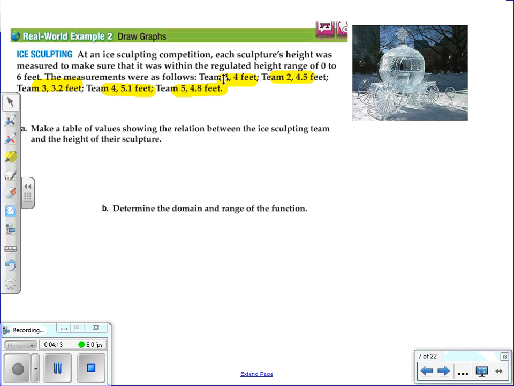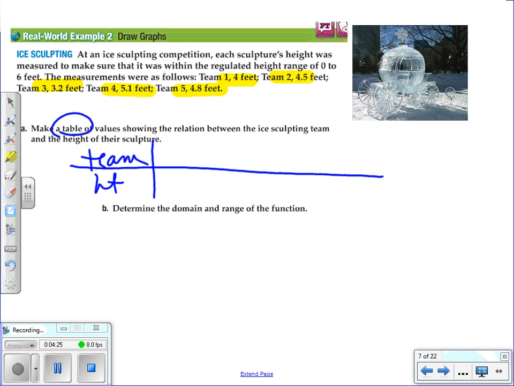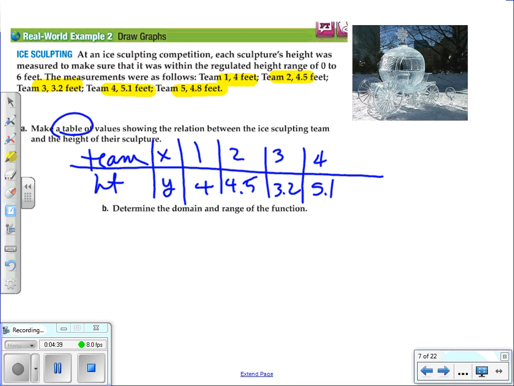So the first thing you're going to do is make a table showing these relations. So we have the team and we have the height. We can consider that x and that y. So team 1 is 4 feet, team 2 is 4.5 feet, team 3 is 3.2 feet, team 4 is 5.1 feet, and team 5 is 4.8 feet.